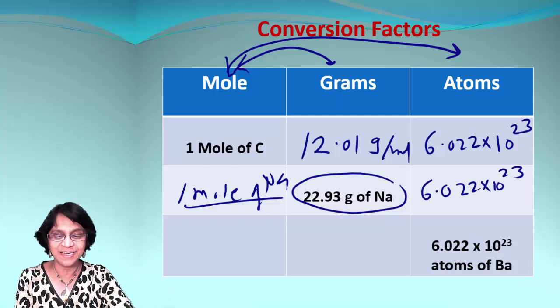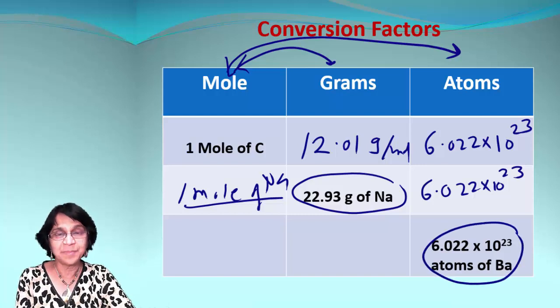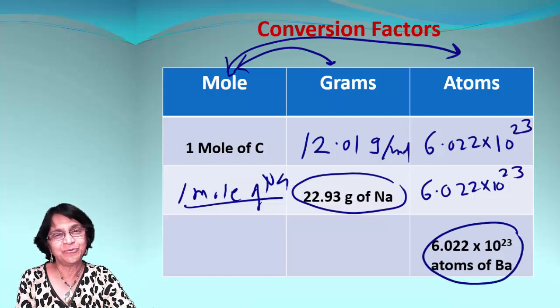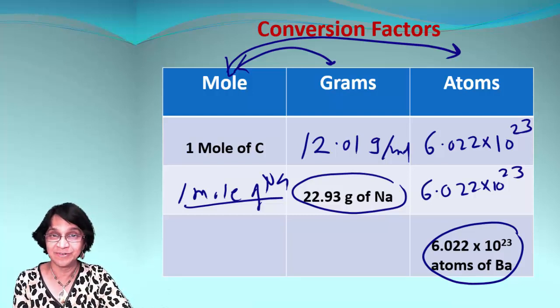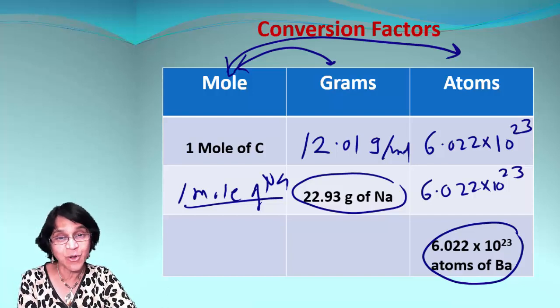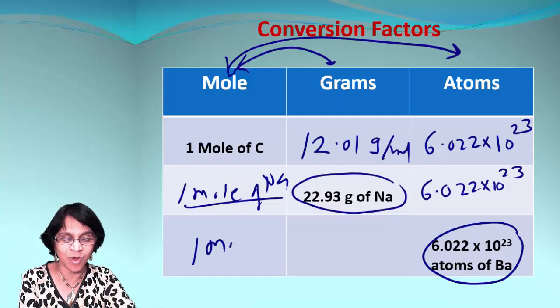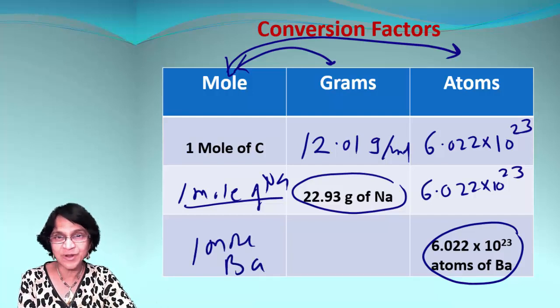Let's complete one more thing. We know now the particles, and we discussed that if it's 1 mole of any element, then the number of particles is going to be Avogadro's number. So we must have 1 mole of barium. And then how much will be the mass for barium?